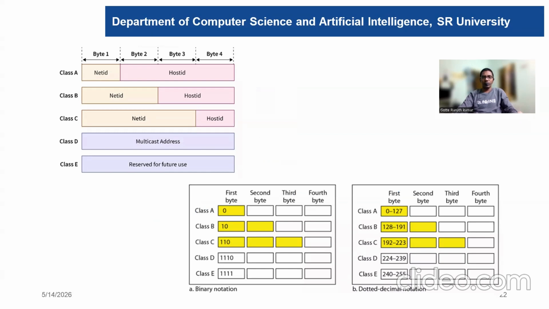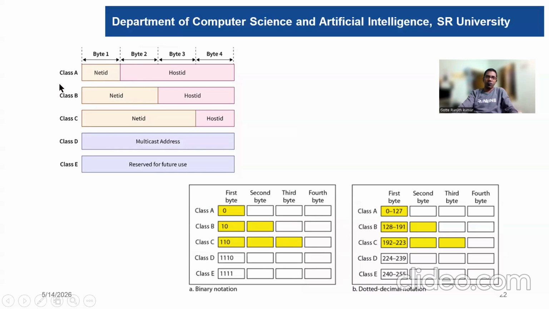These IP addresses are divided into 5 classes: class A, B, C, D, E. Each IP address is divided into two parts: network ID or network address, and host ID or host address. The IP address is divided into 4 bytes or 4 octets, and each octet is 1 byte. 1 byte equals 8 binary bits.